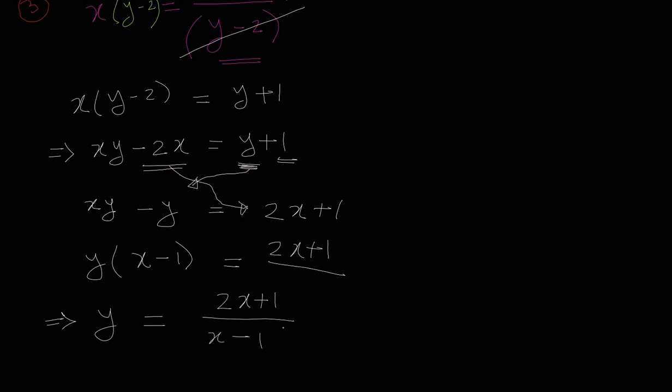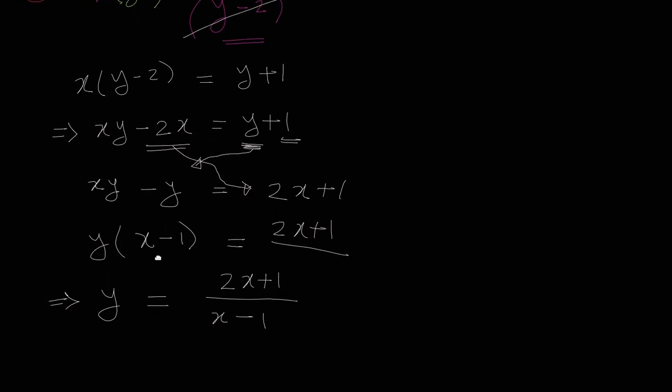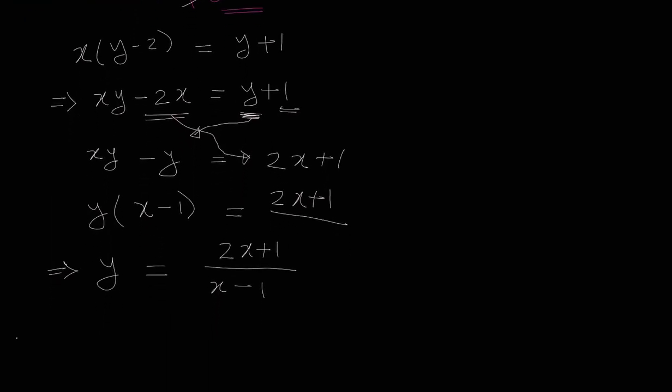This is my step number 3. Now what is step number 4? Step number 4 is replace y with f inverse x. So f inverse x is going to equal (2x plus 1) over (x minus 1). I wrote it very close.